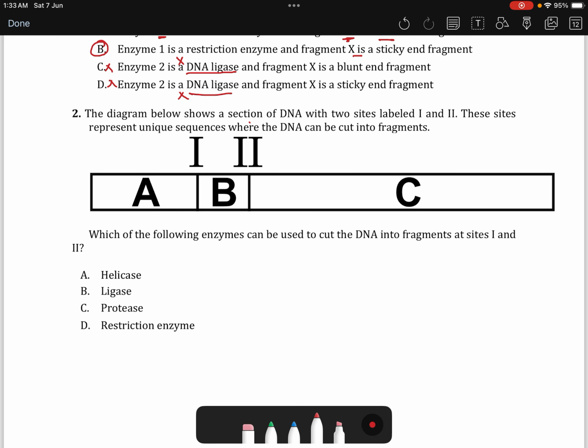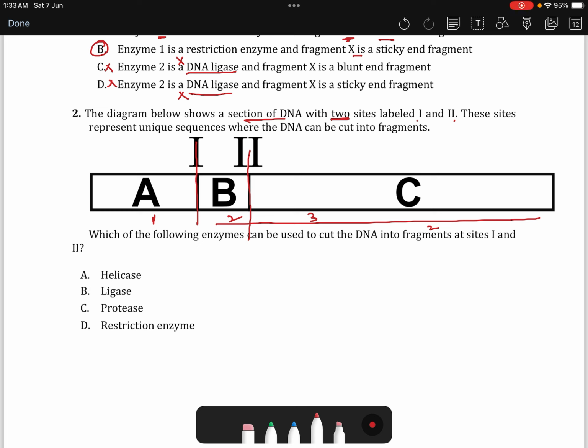The diagram below shows a section of the DNA where two sites are labeled 1 and 2. When you cut at site number 1, you produce fragment 1 and all of this as fragment 2. But when you cut at another site, you have two more fragments, so 1, 2 and 3, three fragments.